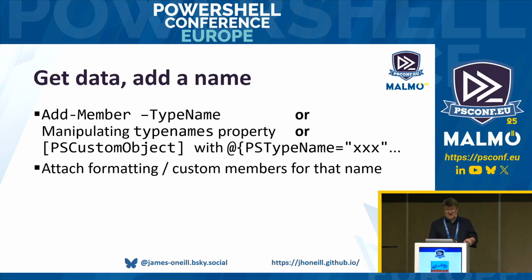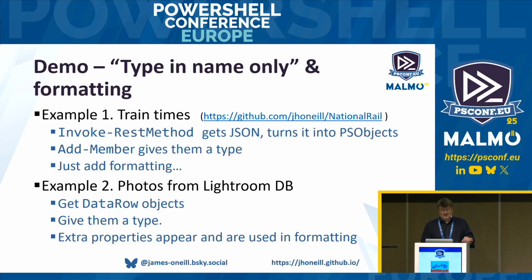Or if you're creating a custom object and you define it with PS type name equals something, then that will be the type name. And then we can attach formatting and custom members. Now, I have spoken far too much already, so it is time for a demo of some kind.